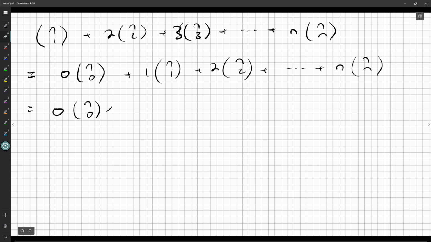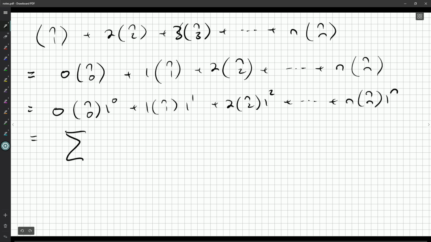So we'll say this is, because we don't really want an x term, 1 to the 0, 1 to the 1, because I'm just multiplying by 1s, and that's not changing anything. So this is the sum when r equals 0 up to n of r, n choose r, 1 to the r.